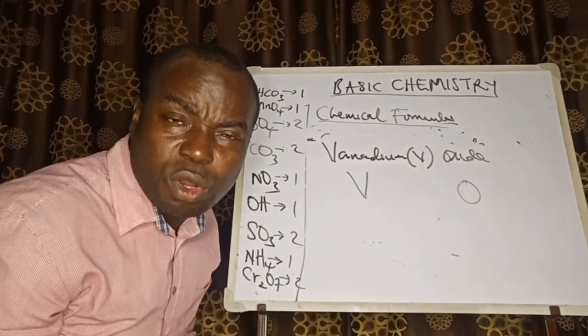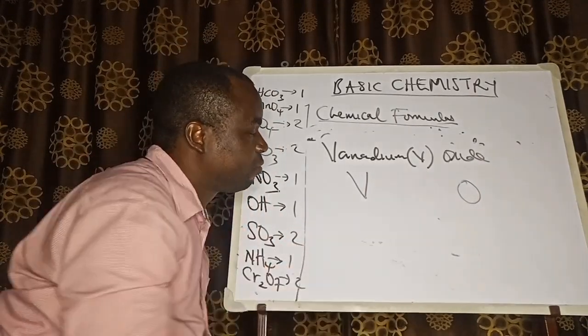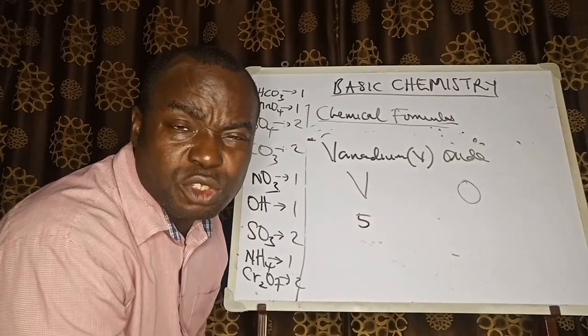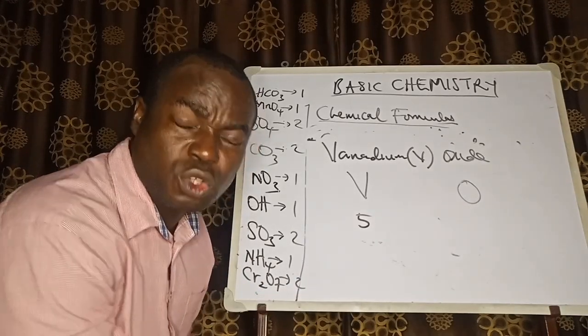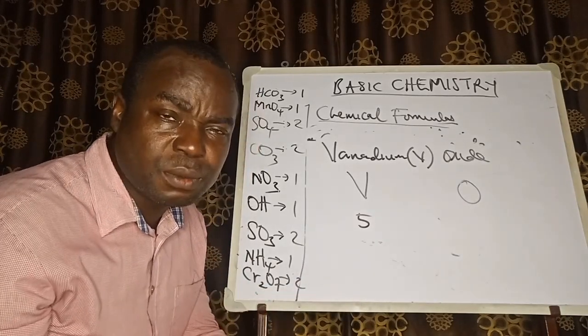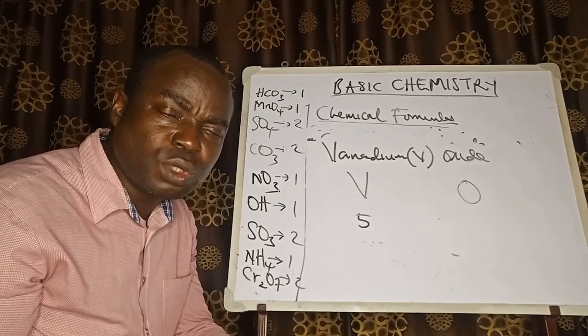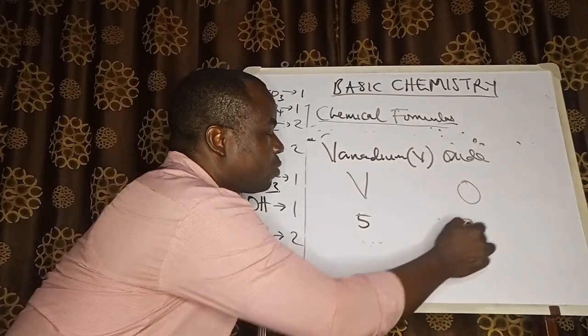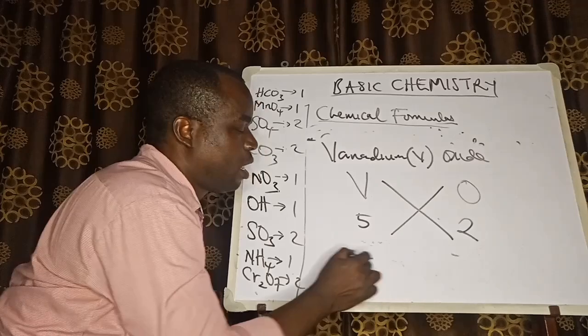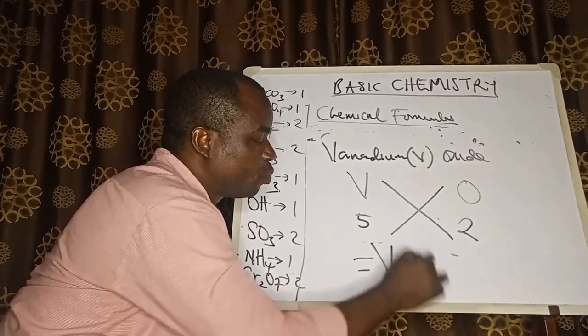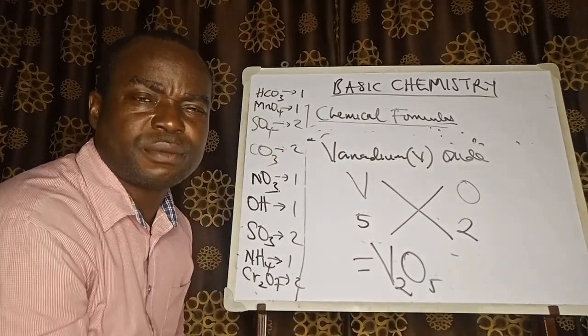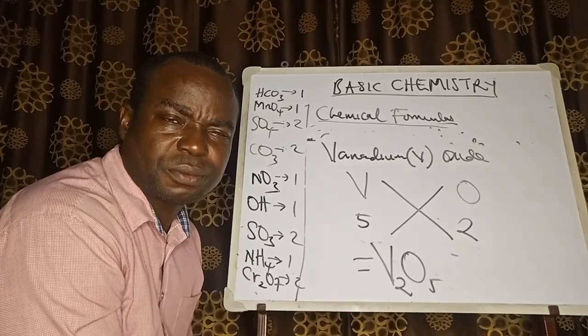So the valency of vanadium is 5. What is the valence of oxygen? You know that one already. Oxygen is number 8, which is 2, 6. And if you gain 2, that means the valence is 2. So switch it over. We have V2O5. Are you following now?